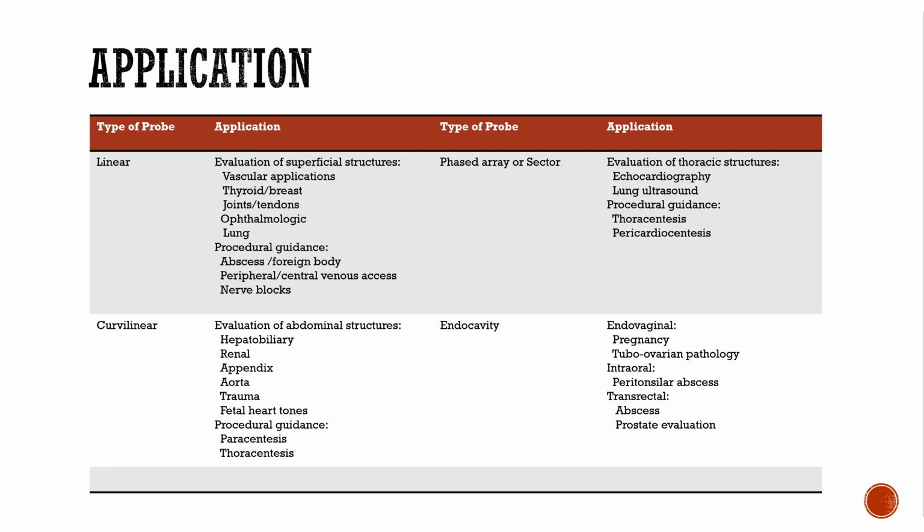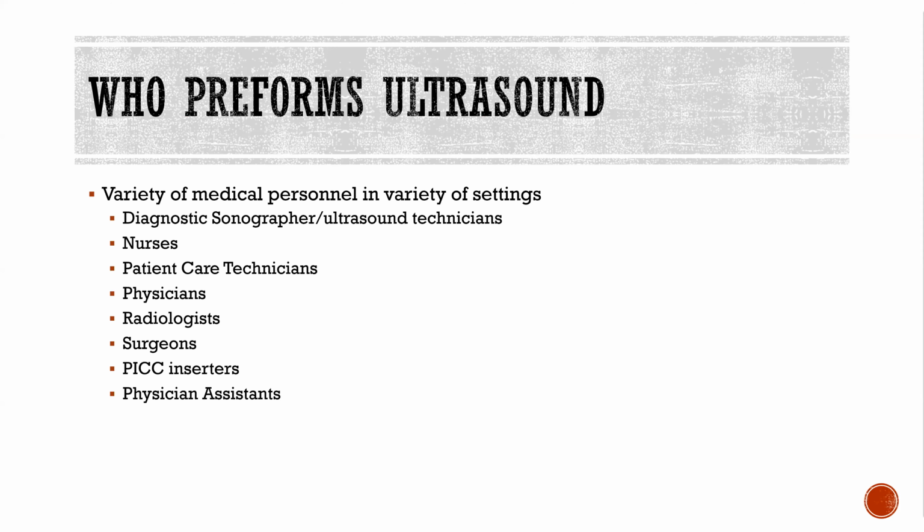So along with the different types of ultrasound use and the types of equipment in terms of transducers that are out there, there's also a variety of different people who are actually performing ultrasound. And understanding who's performing it can really help identify where ultrasound is being used in your facilities.